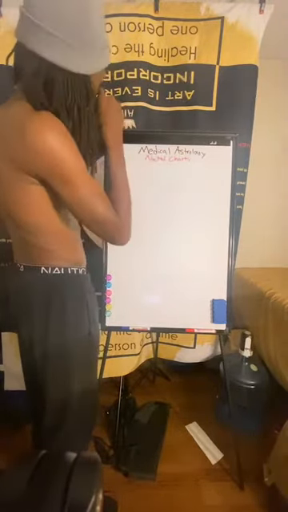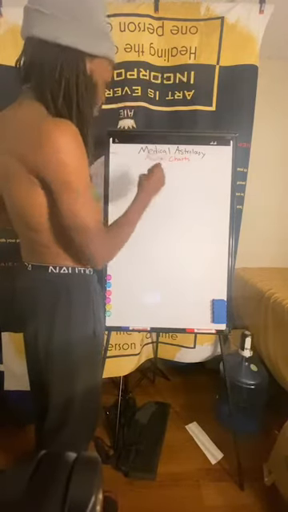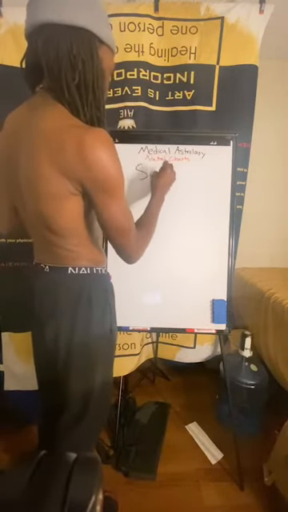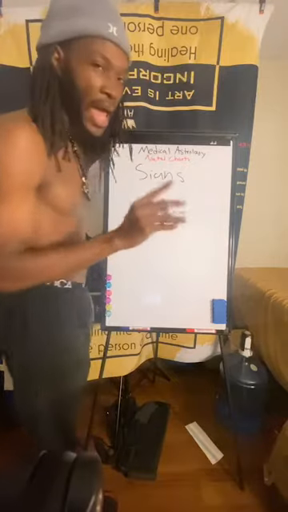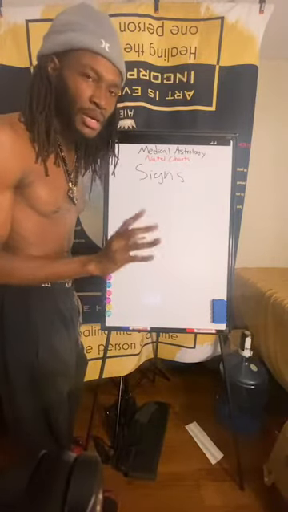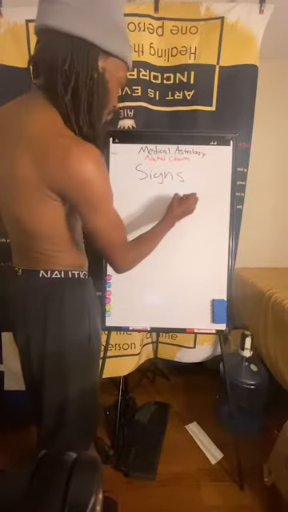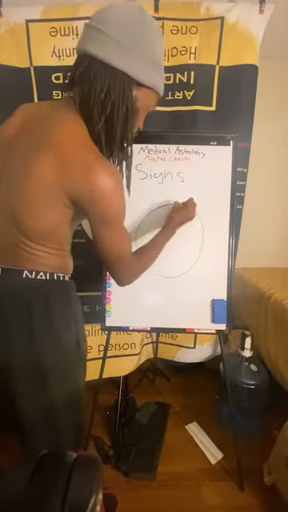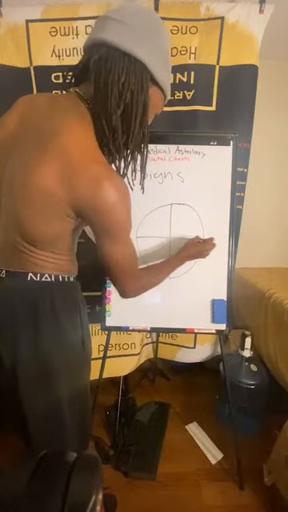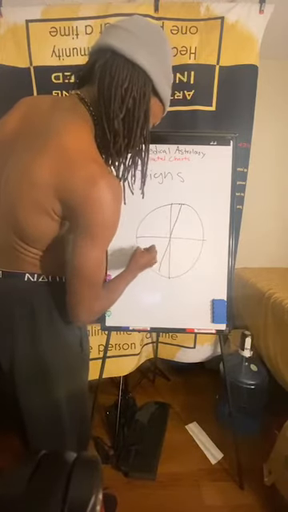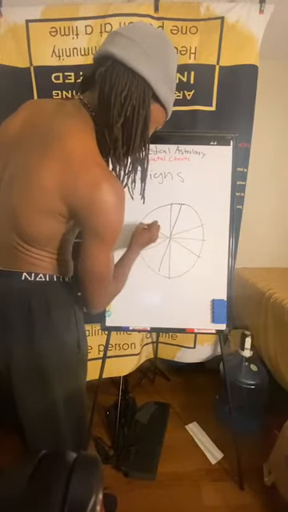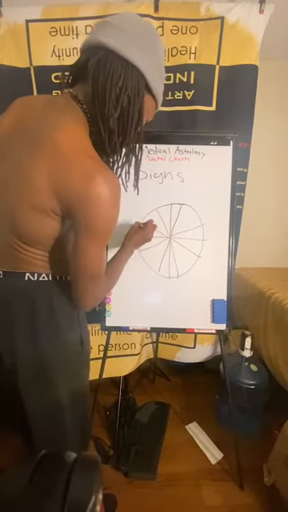So we have the signs. This is just going to be basic. I'm not going to go too in depth because I have so many other topics to cover. And this is going to be probably one of the worst drawings I've ever done in my life, but just bear with me.